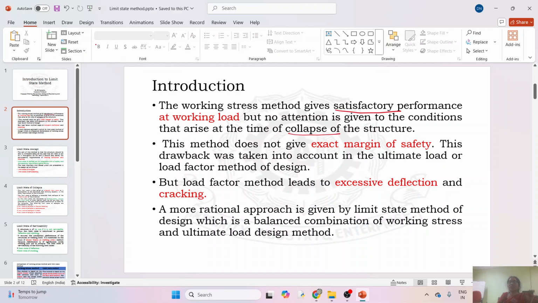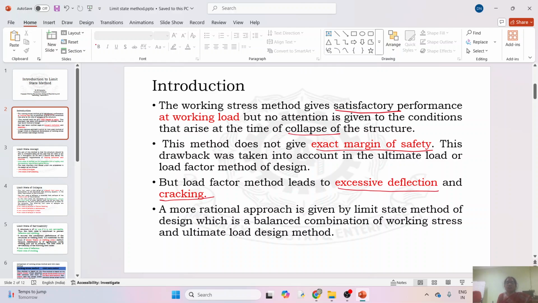Because we have considered the stress strain curve for the material up to the elastic limit only, this method does not give the exact margin of safety. So this drawback was taken into account in the ultimate load method or load factor method. But load factor method leads to excessive deflection and cracking.